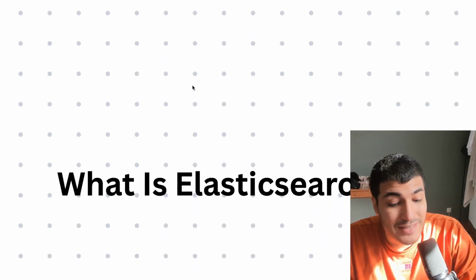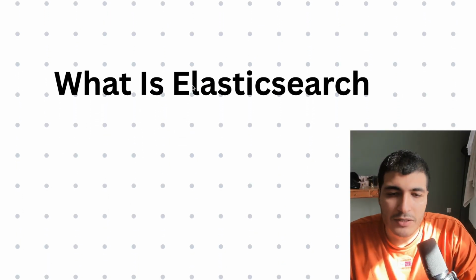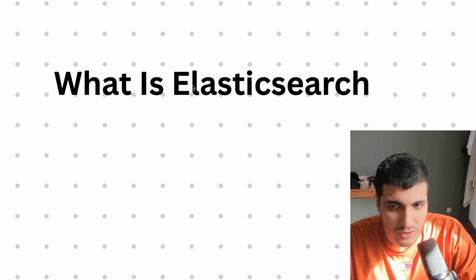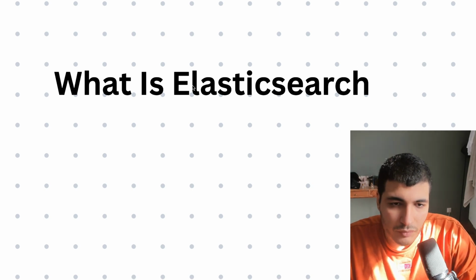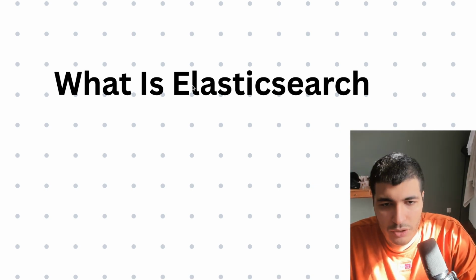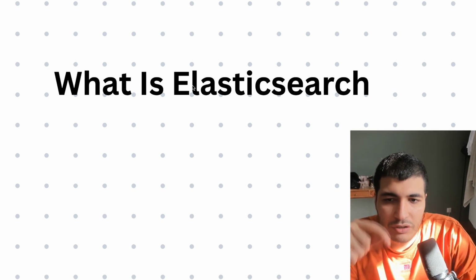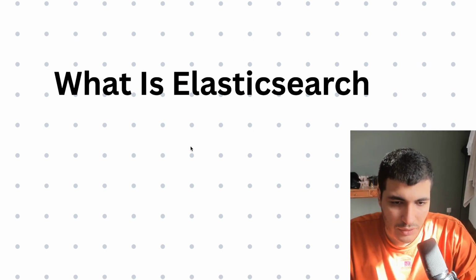Okay, what is Elasticsearch? I think it's a pretty important question to answer. Elasticsearch is a real-time distributed search engine built for fast and scalable lookups, especially full text search and filtering. It works by storing data in a structure called an index, where each item is saved as a JSON document.